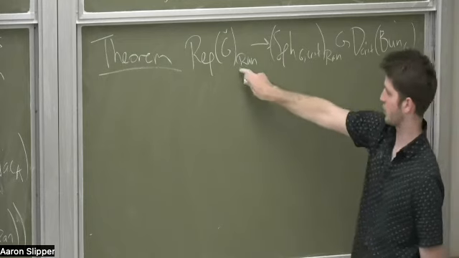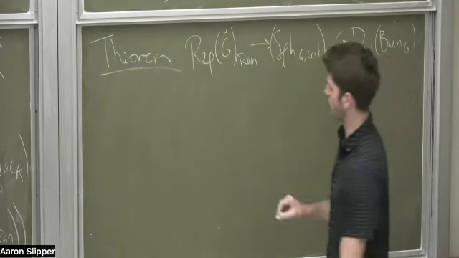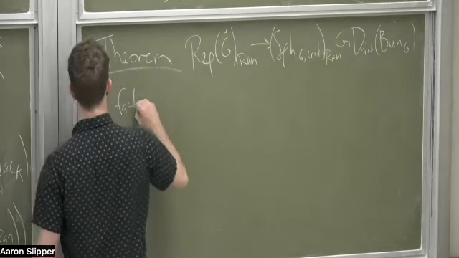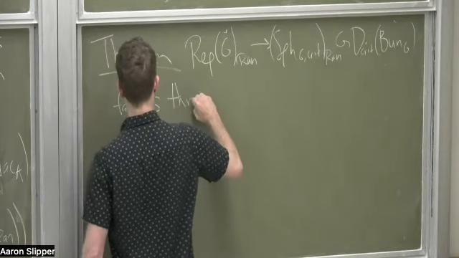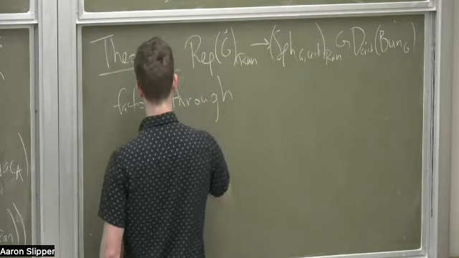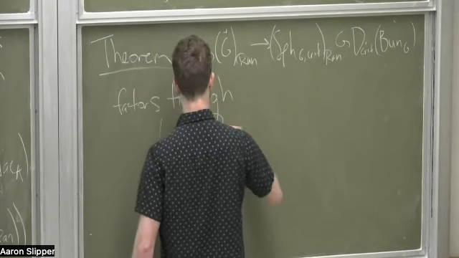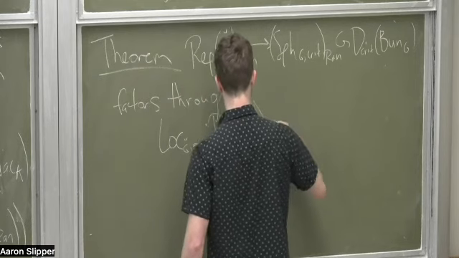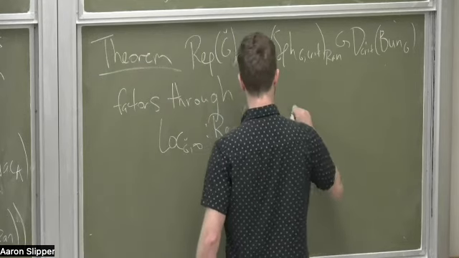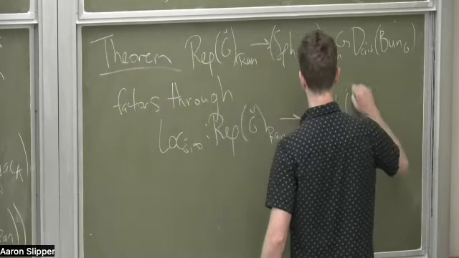So I get an action of Rep G check Ran on this category. And the claim is that this factors through Loc G check infinity. So in other words, it factors through an action of quasi-coherent sheaves on Loc G check, as on the board.